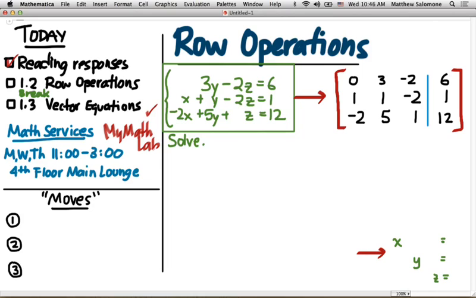But what would the augmented matrix look like for our ending point here? If we have x, y, and z by themselves, then what are the coefficients on the left side of my augmented matrix going to look like? What's the first equation? If the first equation is just x on the left-hand side, then what are my coefficients? 1 for x, 0 for y, and 0 for z.